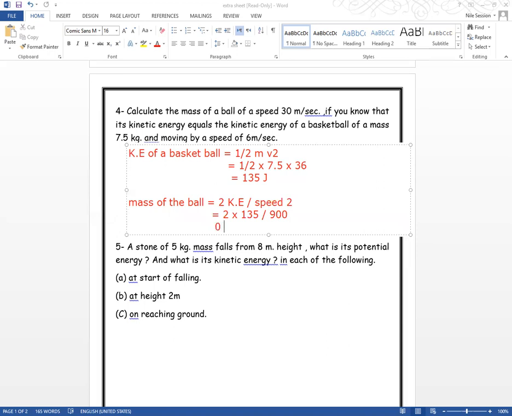So the mass of the pole equals 0.3 kilogram.